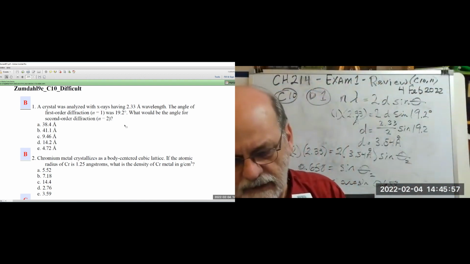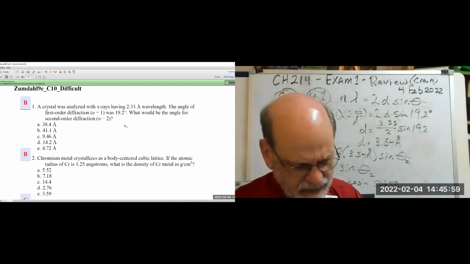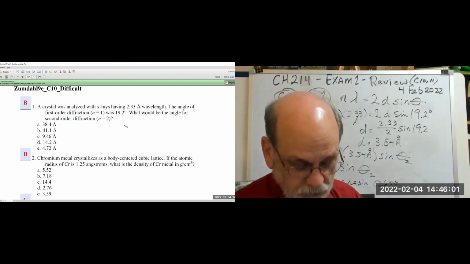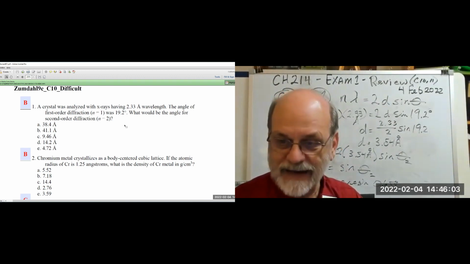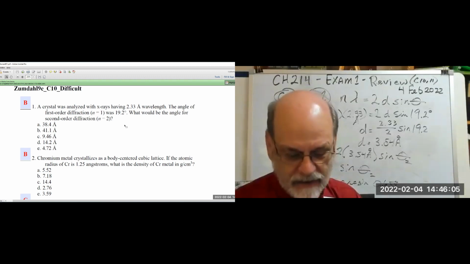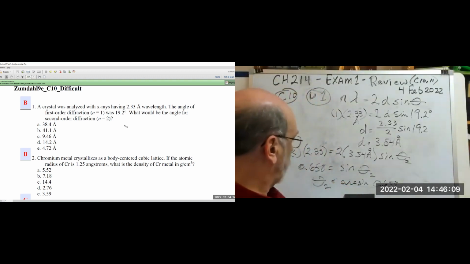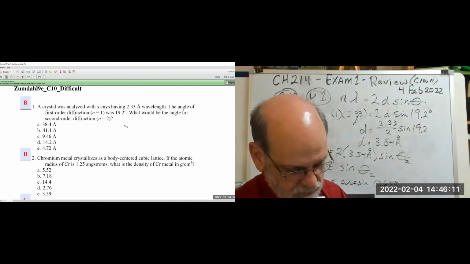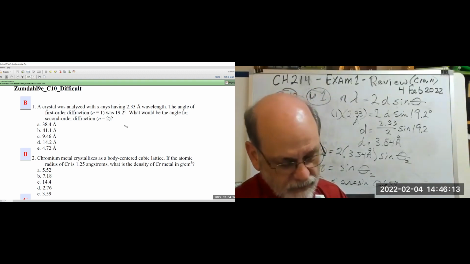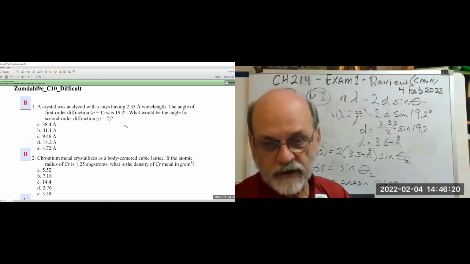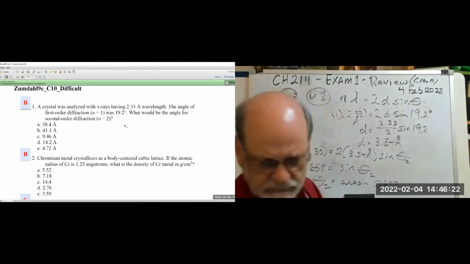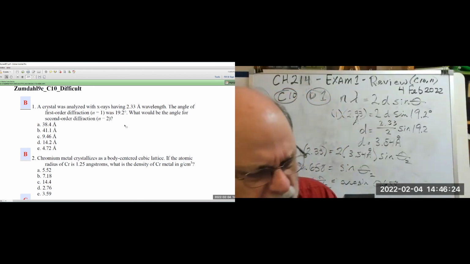On mine, you look for the sine, and above it, mine has arc sine. So I would put 0.658 in, then do the function for arc sine, and I get 41.1 degrees. Close enough.